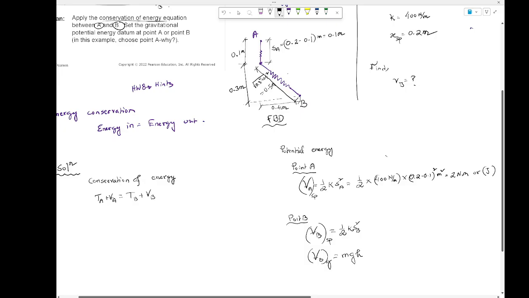So h is the distance between point A and point B. What is the distance between point A and point B vertically? 0.4, thank you. That's the distance. Everybody got it? So this h that you're seeing here for the potential energy at point B, this h is 0.4 meter.